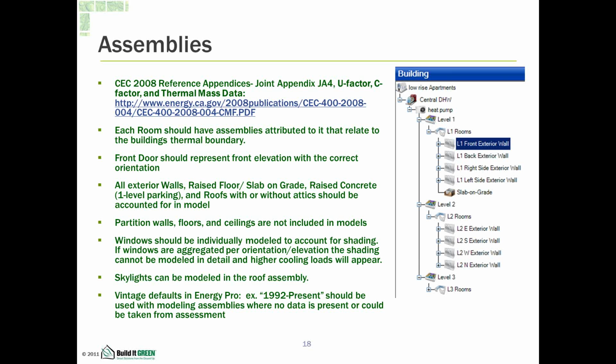Or again, if you're called in late on a project and they've already started it, and the project's gutted, and you don't know what was there, the defaults are a good fallback, and they pretty much represent building codes from that vintage. So I think it's a good representation if the information wasn't explained in some shape or fashion.